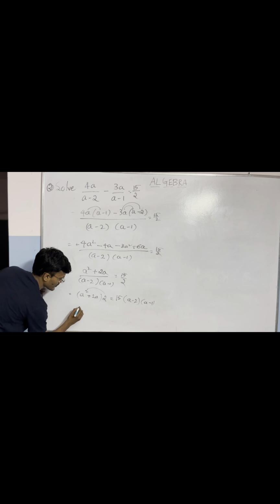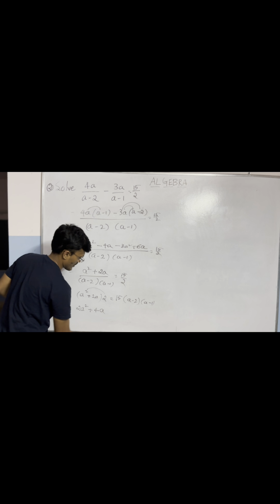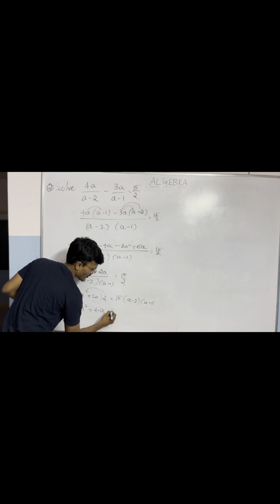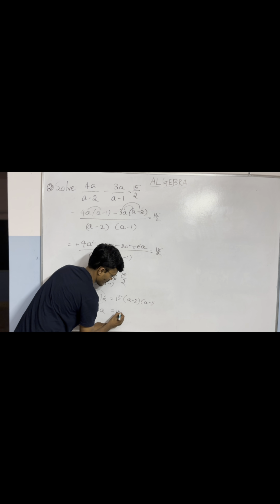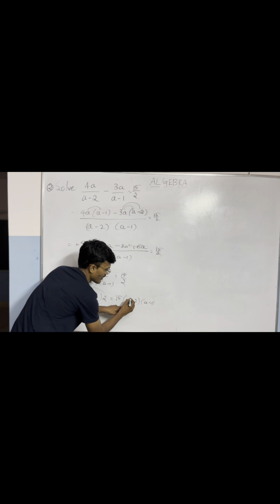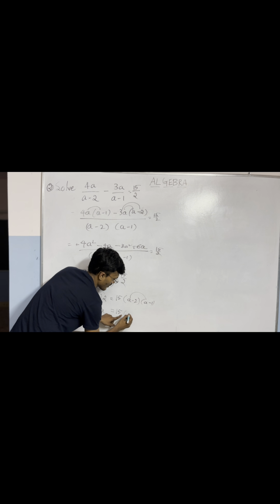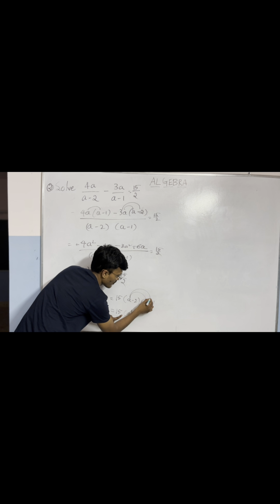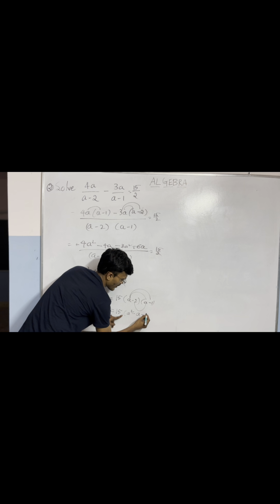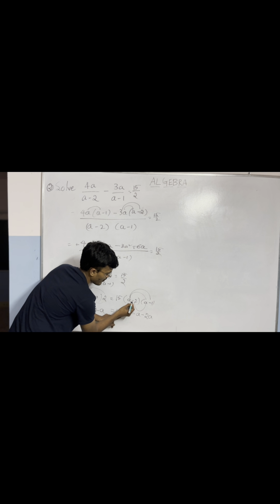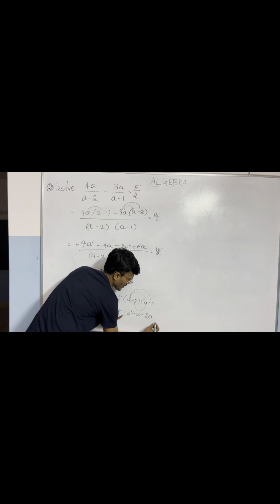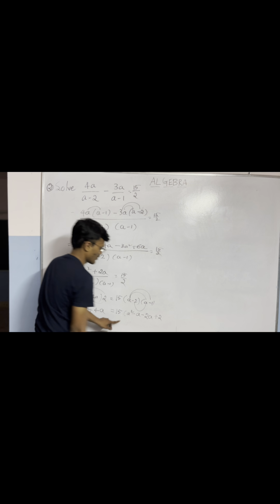2 into a square is 2a square, and 2a into 4 is 4a. Equal to 15 as it is, times a into a is a square, a into minus 1 is minus a, minus 2 into a is minus 2a, and minus 2 into minus 1 is plus 2.